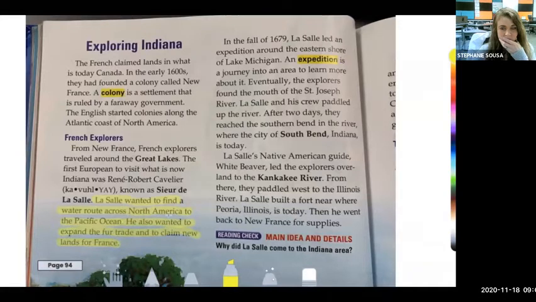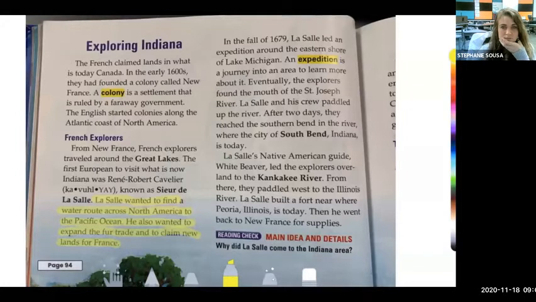The highlighted area says LaSalle wanted to find a water route across North America to the Pacific Ocean. He also wanted to expand the fur trade and claim new lands for France. So that is a lot of good information. I think the biggest thing out of that is that he wanted to claim new lands.